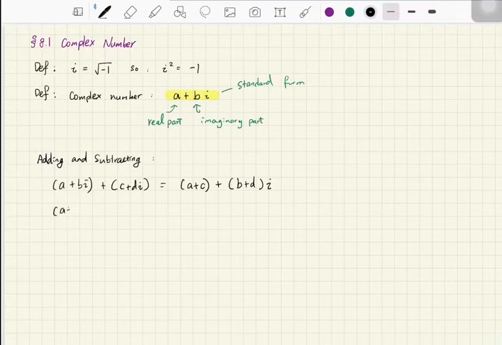When we subtract them, we do the same thing. We subtract the real numbers a and c, and then subtract the imaginary parts b and d.